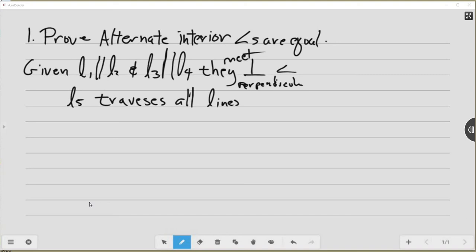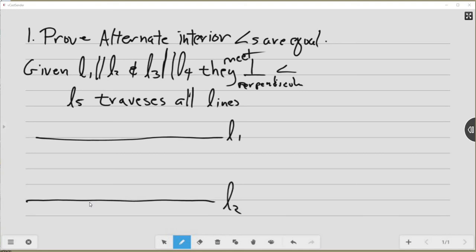All right, here we go. Here's line 1. Let's do it like this. Line 1, line 2.